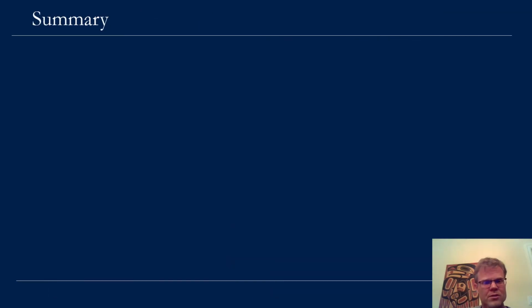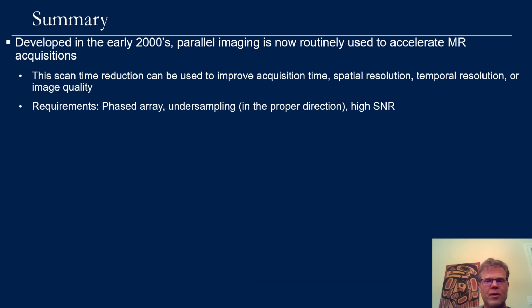Okay, so to summarize, parallel imaging is now routinely used to accelerate MRI acquisitions, and the scan time reductions it provides can be used in a number of ways. They can shorten the total acquisition time, improve spatial resolution, temporal resolution, or simply overall image quality. And we just have a few requirements: we need a phased array receive coil, so it has multiple receive elements.